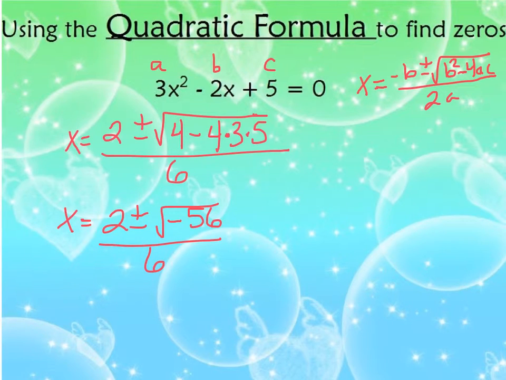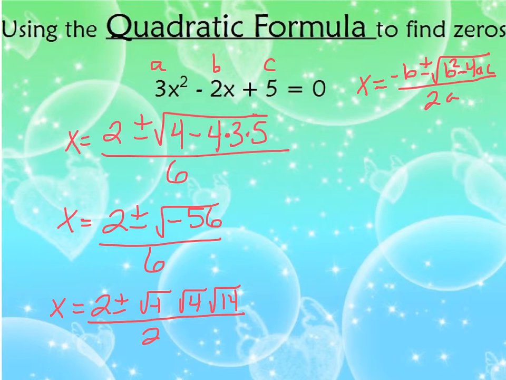That's a negative, it's an imaginary. So let's reduce our negative 56 and pull out the negative 1. And 4 will go in there 14 times, and that's all over 2. Oops, sorry, I missed my negative on my 1 there.